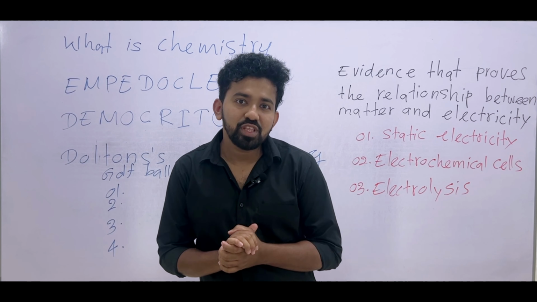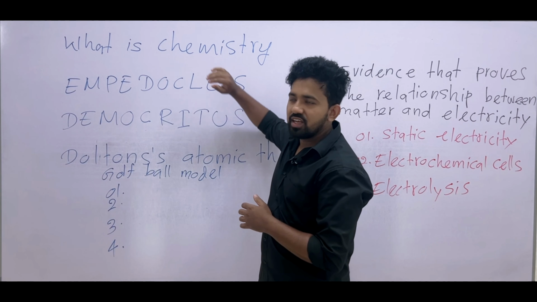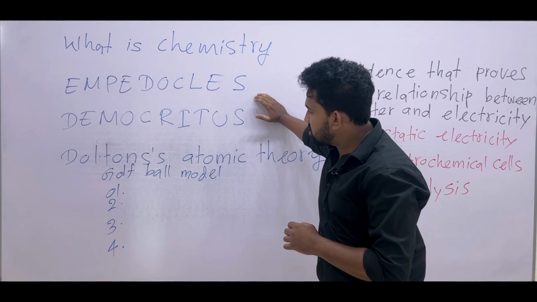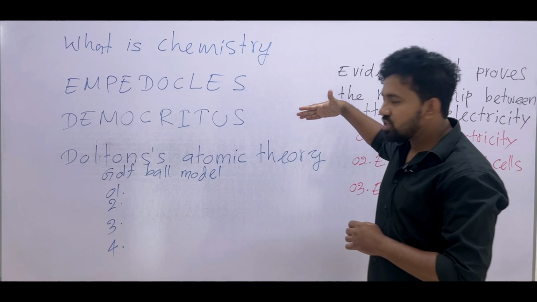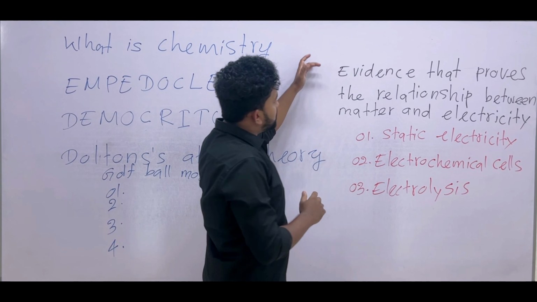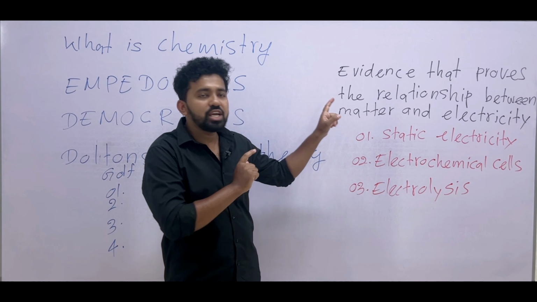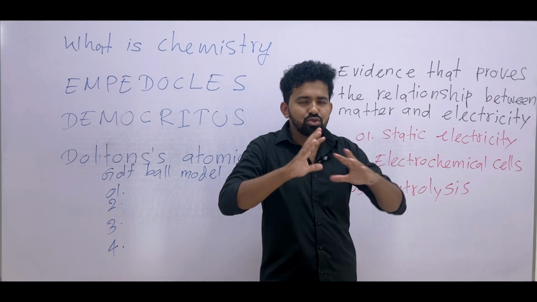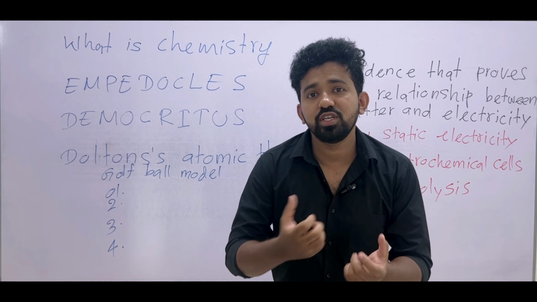So there are a few next things: what is chemistry, Empedocles, Democritus, Dalton's atomic theory, and the evidence that proves the relationship between matter and electricity. Those are the next few things that we are going to discuss.